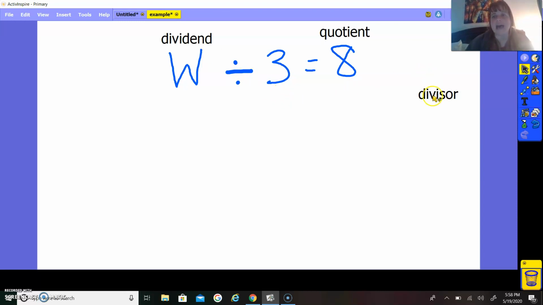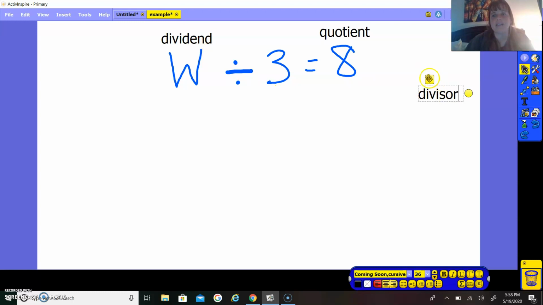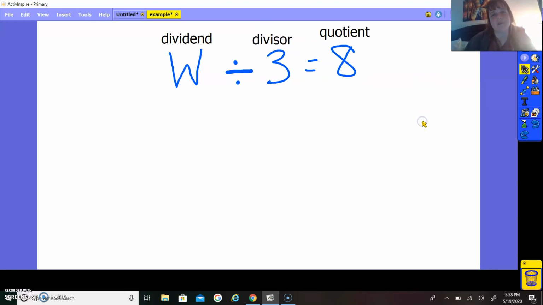And the divisor is how many groups you're going to be putting it in. The divisor is always behind the dividend. So the dividend is always the total number. The divisor is always how many groups that you're putting that total amount into. And then the quotient is how many is inside of each group.